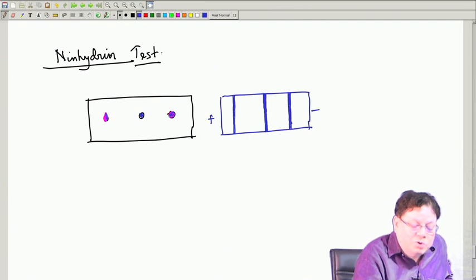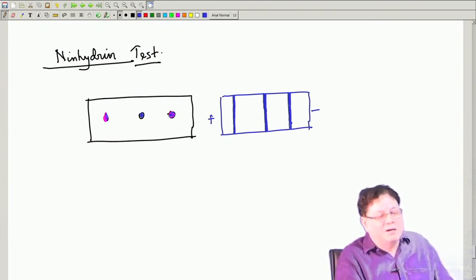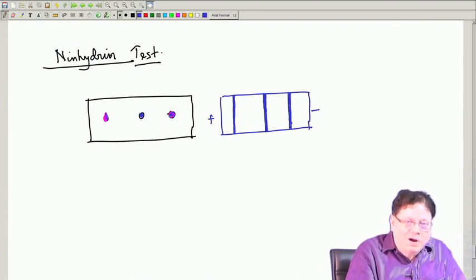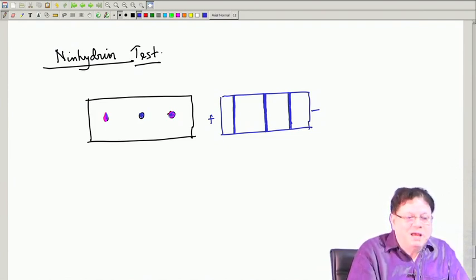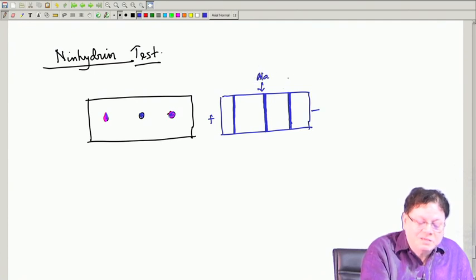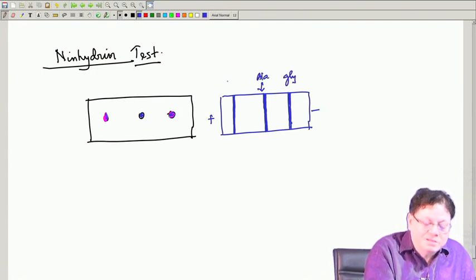I think one more thing I should say, the mobility not only depends on the molecular weight, but it also depends how far away you are from the isoelectric point. That is also important. How far away is your pH from the isoelectric point. So, they will move at different rates, this is your starting point, this is the alanine, this is glycine, and this is your aspartic acid.